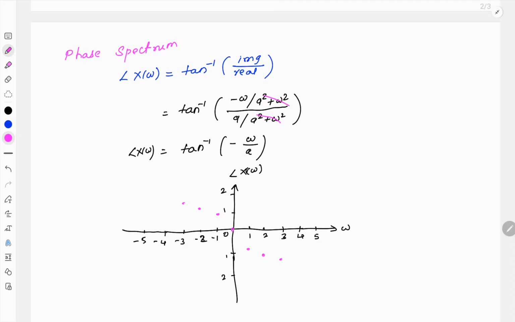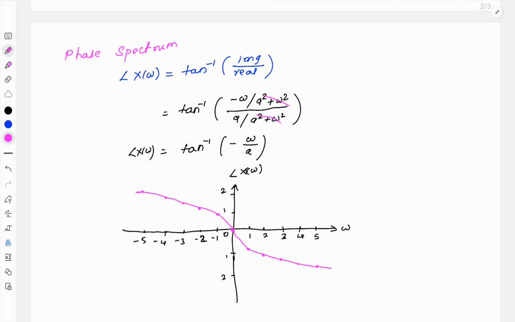Similarly at 4 and 5. So if we draw the graph, we get the nature of the graph in this way. So this is the phase spectrum for the given example.